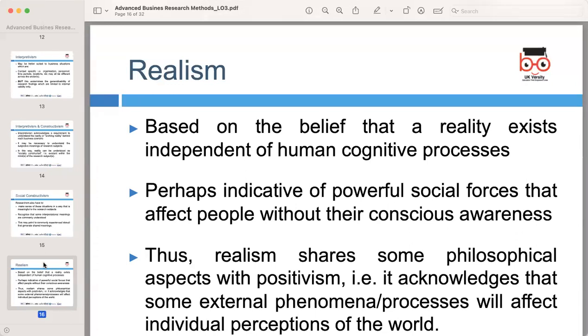Both realism and positivism agree that there are external factors that influence our perceptions of reality. Realism, therefore, encourages us to consider the existence of a reality beyond our own minds and to be aware of the social forces that shape our perceptions.